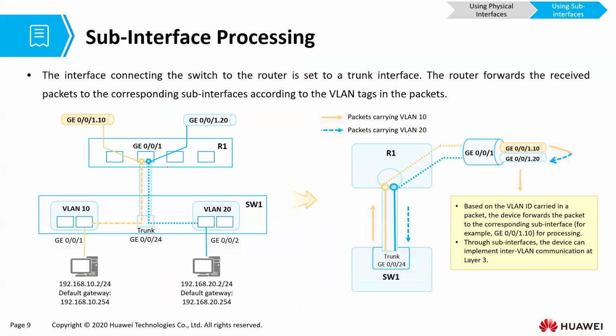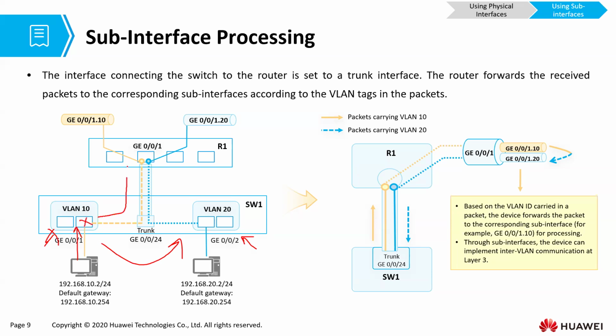Sub-interface processing. Here they explain how the sub-interfaces work. There's a device in VLAN 10 and a device in VLAN 20. We want communication between these two devices. How does the communication happen? The PC sends traffic to the switch. The port tags it VLAN 10.